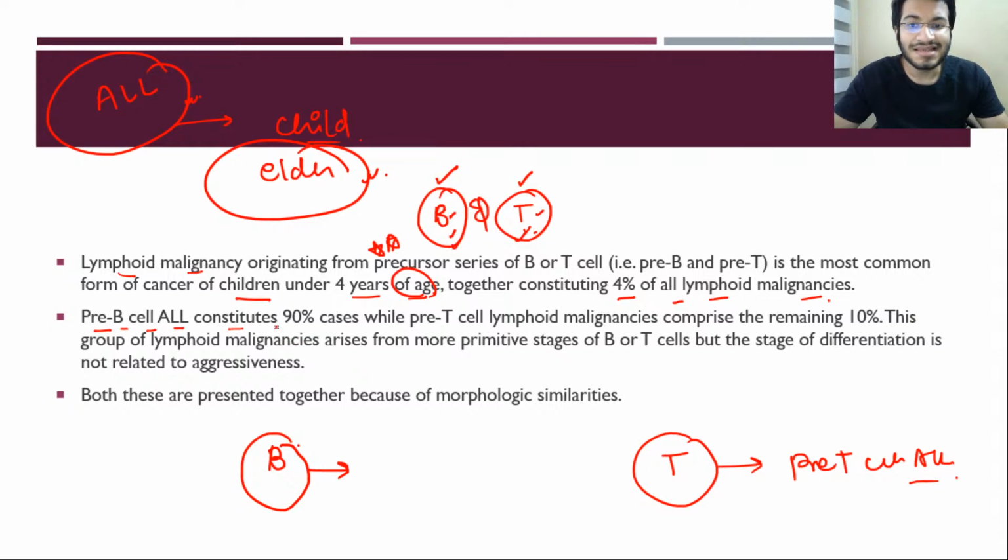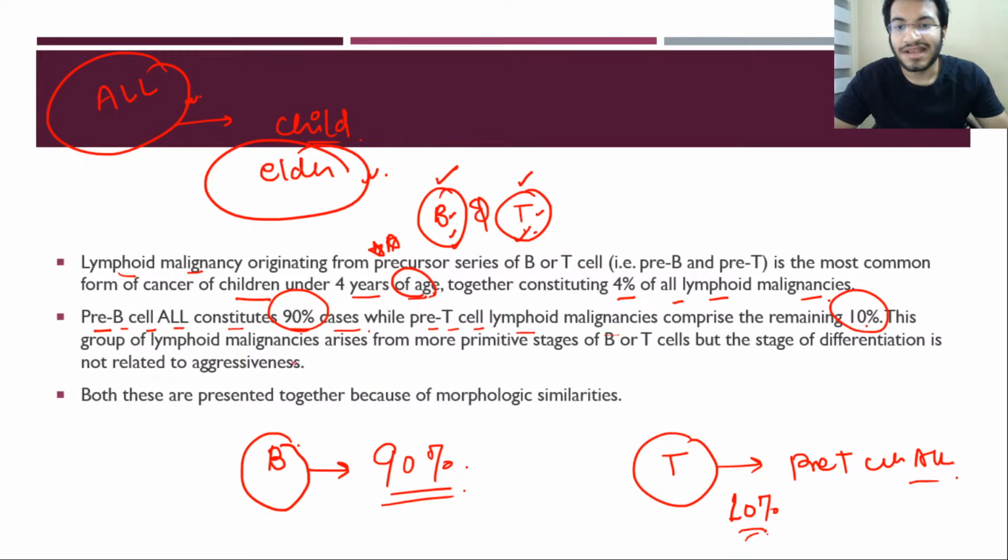Pre-B cell ALL constitutes 90% of the cases, while pre-T cell lymphoid malignancies comprise only 10%. So mostly patients will be suffering from B cell, and the leukemia will be starting from the pre-B cell or precursor B cells. And the T cell leukemia constitutes only the remaining 10%.